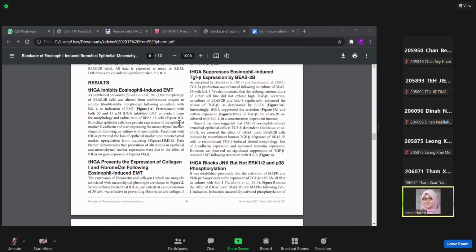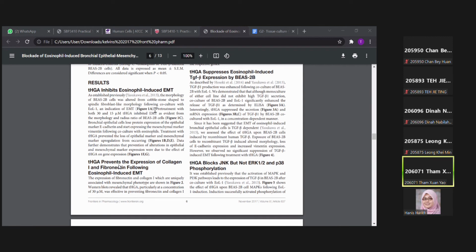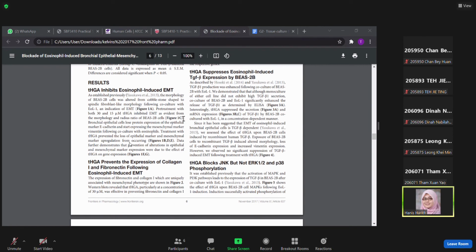We just choose under this EMT. But the objective of the experiment will be different, because you're looking at different things. They both indicate EMT, but in one you are assessing the morphology, and in the other you are assessing the protein expression of the markers of interest.